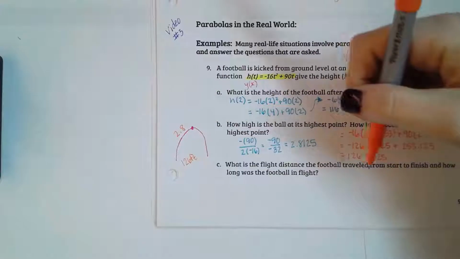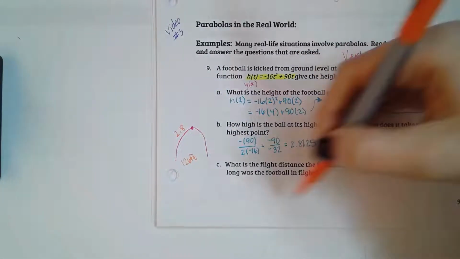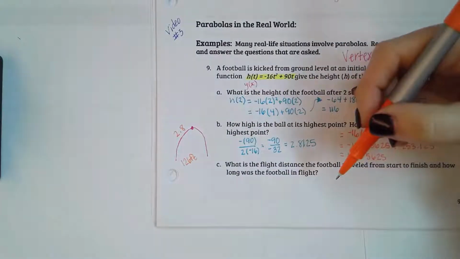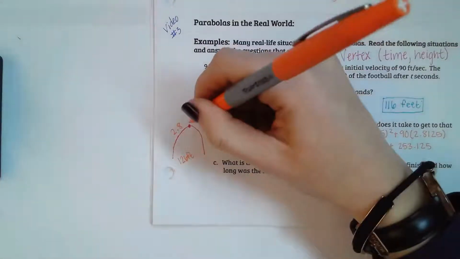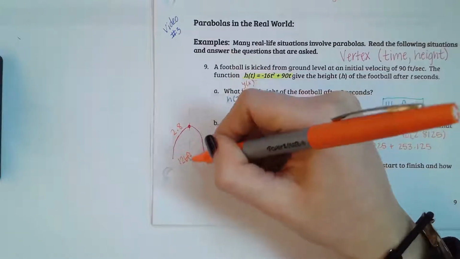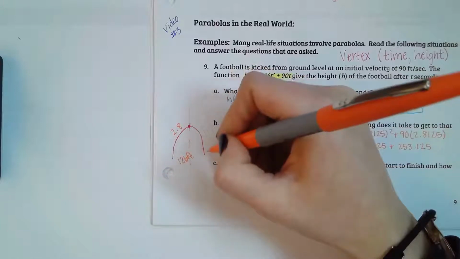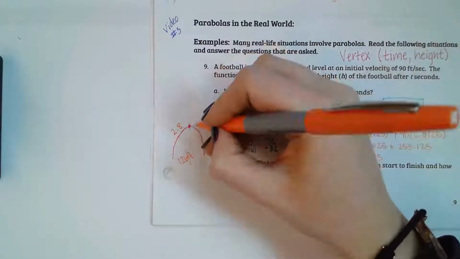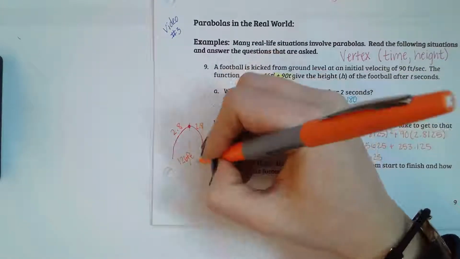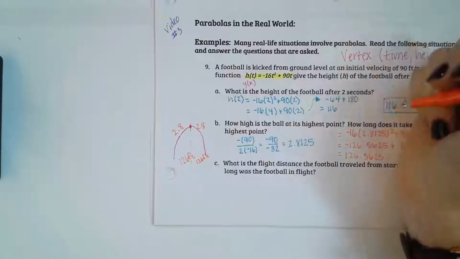This time they want to know the total distance and how long in total it was in flight. That was just to get to this point. Now remember, this is our axis of symmetry, so everything on the left is going to be the exact same on the right side of this graph. So this is also going to be 2.8, and this is also going to be 126 feet.